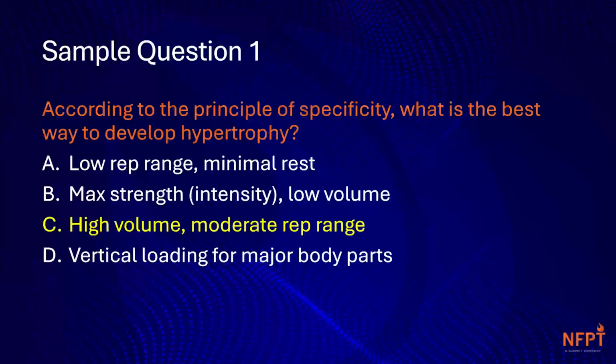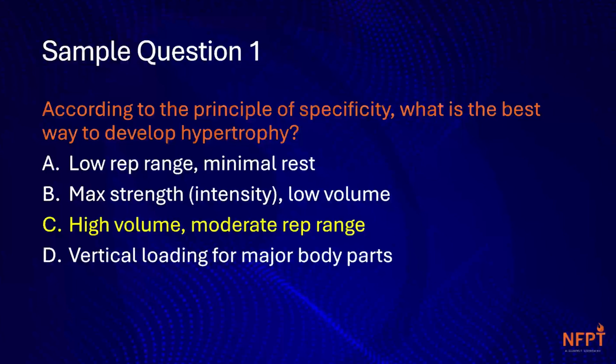We're not doing 1 to 4 repetitions. So that makes it likely not the correct answer. But then we also see in answer option A that it says minimal rest. And we need rest in order to adequately replenish our energy sources. So, with that being said, in order to increase lean body mass, answer A is not the correct answer.